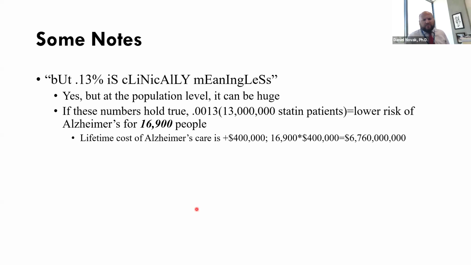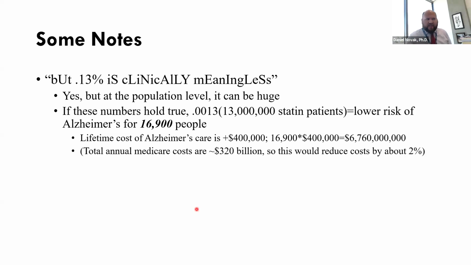The lifetime cost of Alzheimer's care is like $400,000 according to Medicare, on top of normal healthcare costs. And if you multiplied that by 16,900, you'd wind up with $6.76 billion that we could save. And we could use that for hospice care. We could use that for reducing caregiver burden. We could do all sorts of important stuff with that.